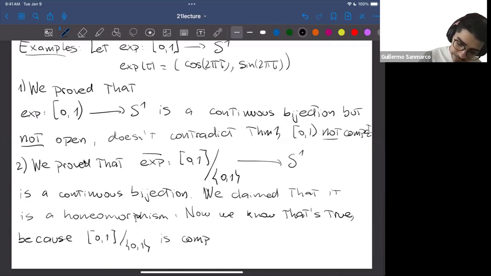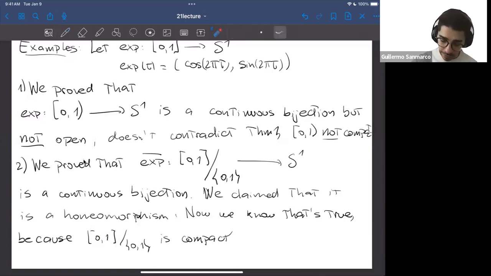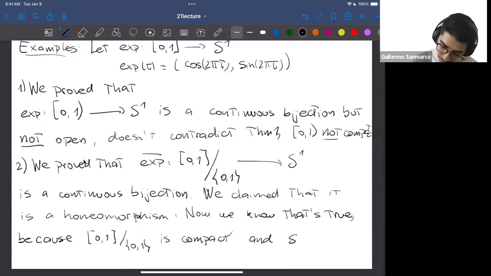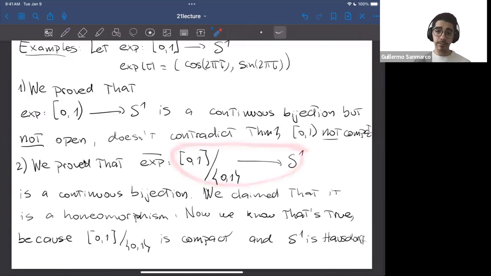Remember, we're still assuming this interval is compact with no proof. It's compact, and S1 is Hausdorff. So now we have a very formal proof that this quotient is exactly S1.